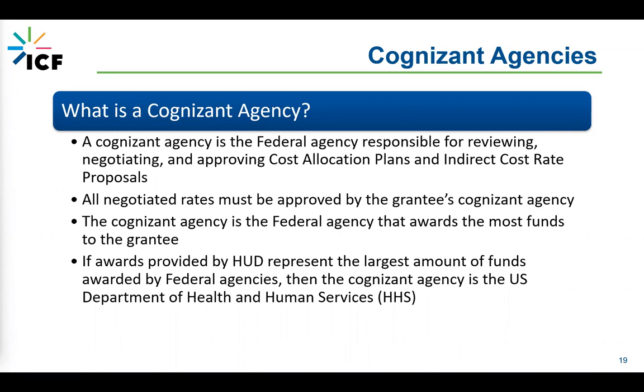If awards provided by HUD represent the largest amount of funds awarded by a federal agency, then the cognizant agency is the U.S. Department of Health and Human Services. And just for everybody's information, HHS is the cognizant agency for nearly every federal agency in the federal government. I'm not sure why, but that's the way it kind of landed.